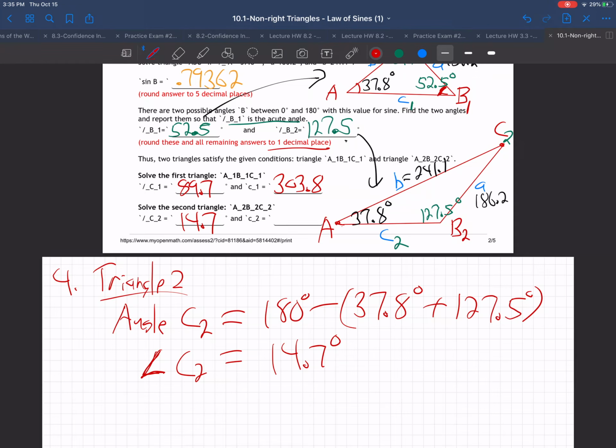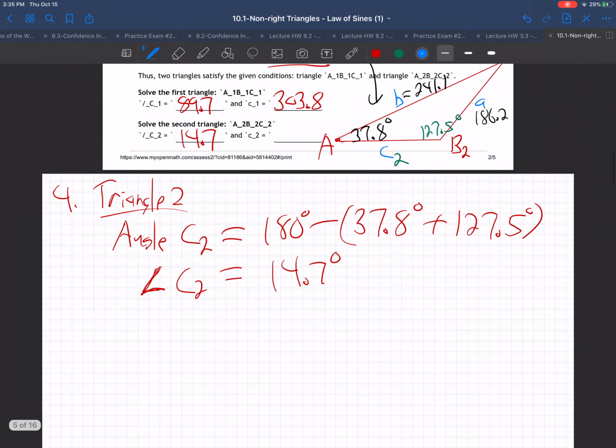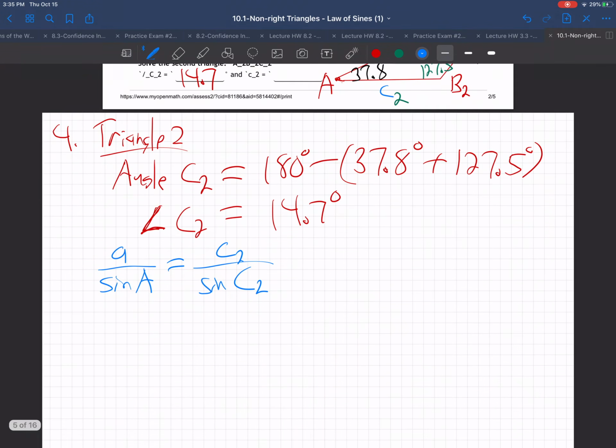14.7 degrees for that. And then finally, side C2. Again, we'll do A with A. So little a over sine A is little c2 over the sine of angle C2.